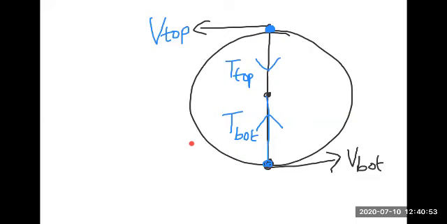This is the bottom position, this is the top position, and this is the center point O from where the string is suspended. Always the tension will act towards the point of suspension.